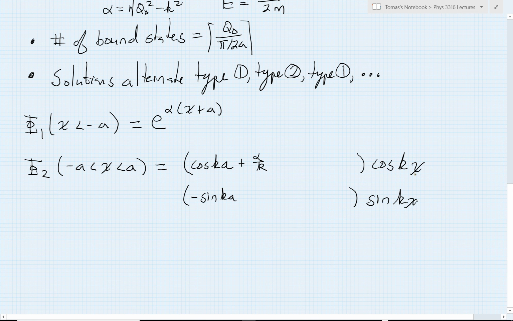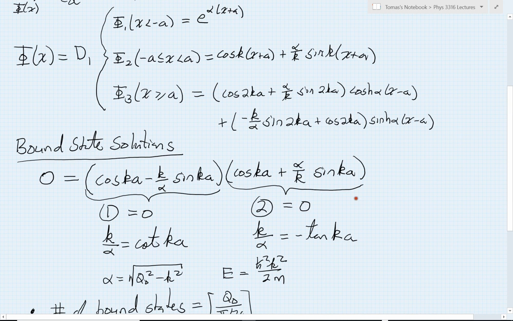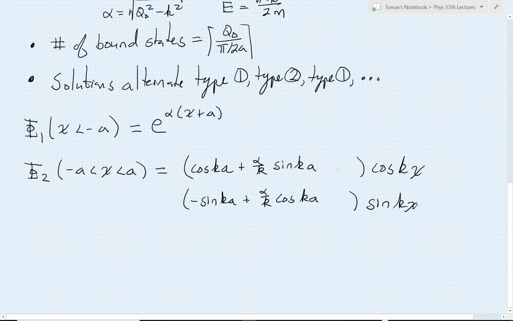So here's cosine kx. That means I need a sine of ka to multiply the cosine of kx for that part of the angle addition formula. And for this second piece of it, again, my prefactor is alpha over k. But if I have sine kx, when I expand out the sine of k(x plus a), that means I will get a cosine of ka multiplying it to complete the expansion of the sine function. So all I've done is really just gathered my prefactors together and rewritten it, expanding out the trig identity.